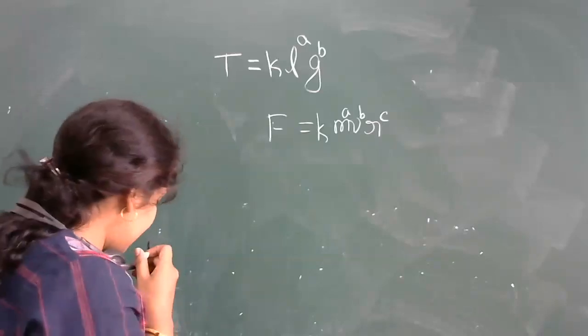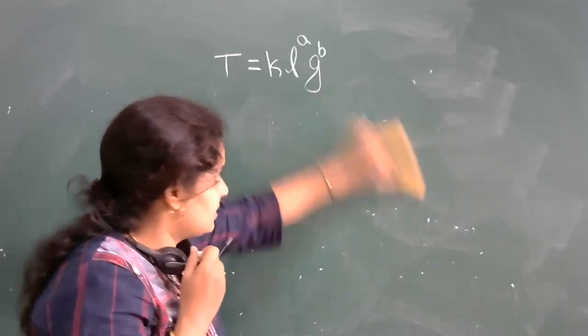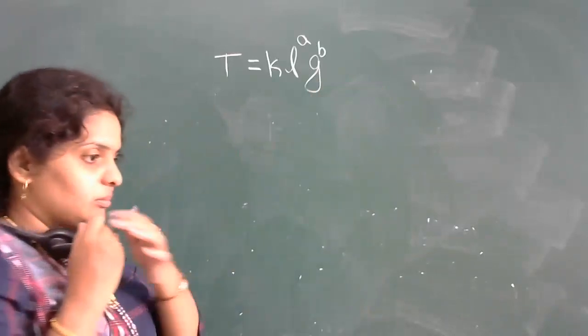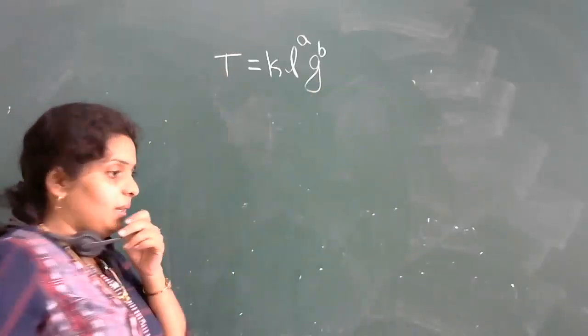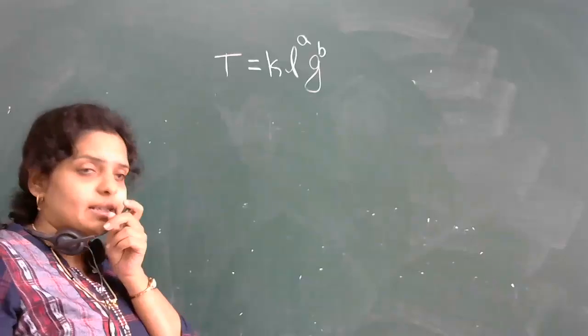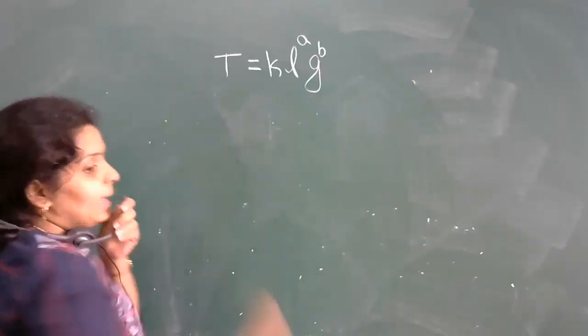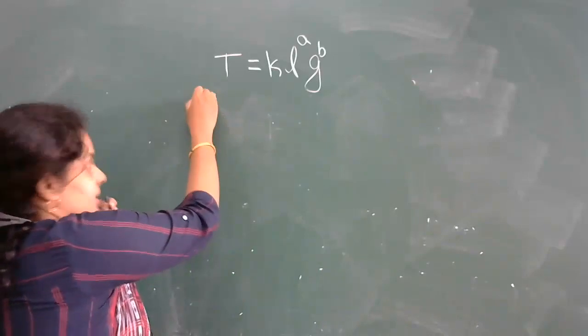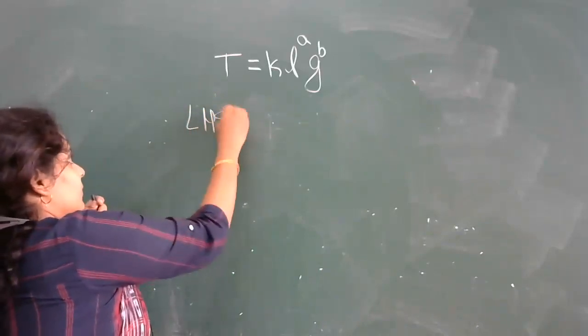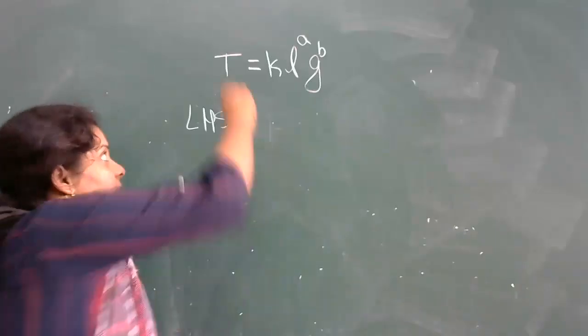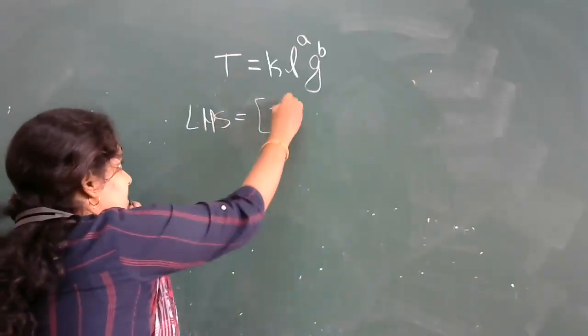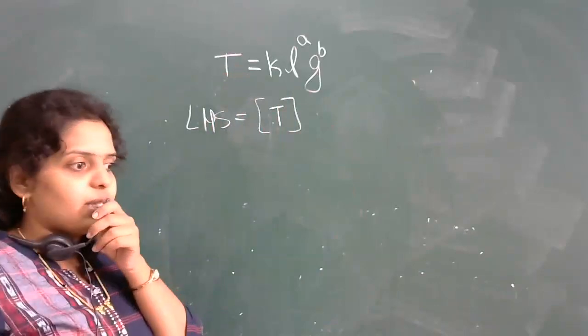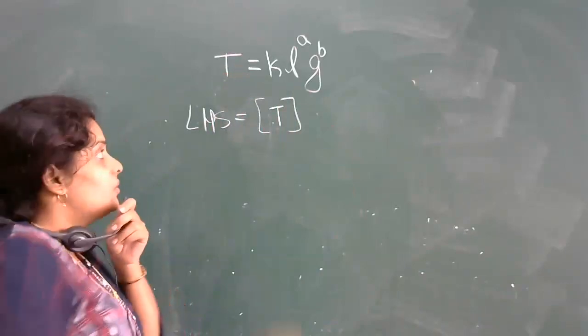Okay, so here I am doing it for time period. Let us see that only. Now RHS and LHS. So I'll take LHS. What is your LHS term? LHS term is T. Correct.